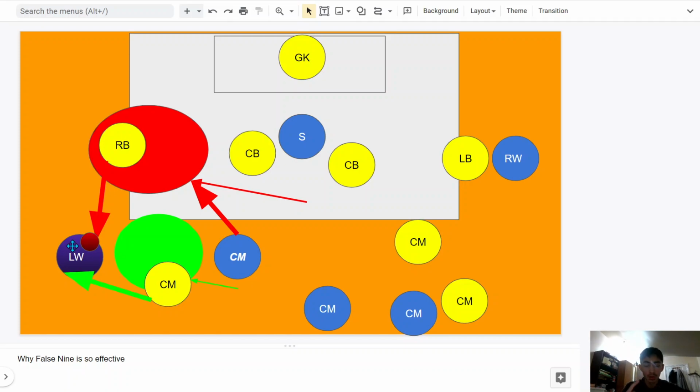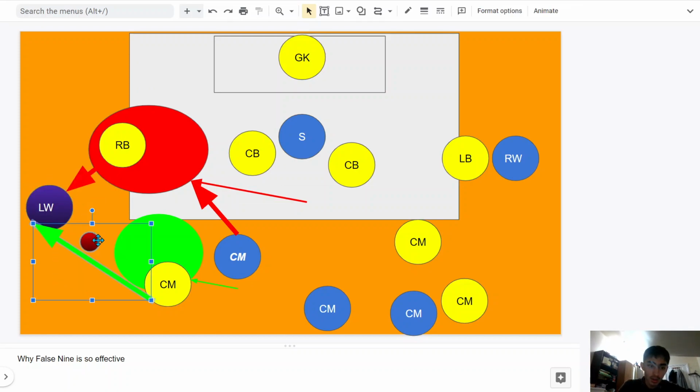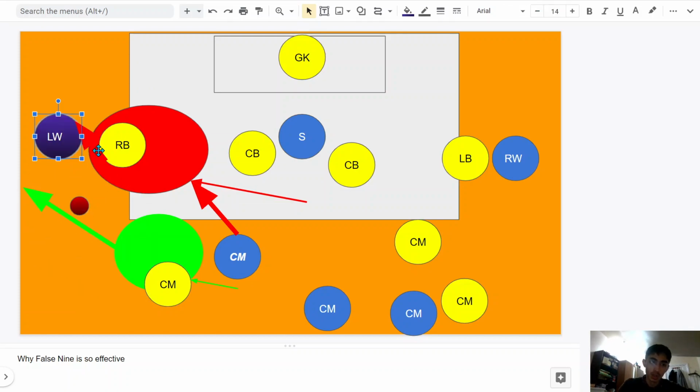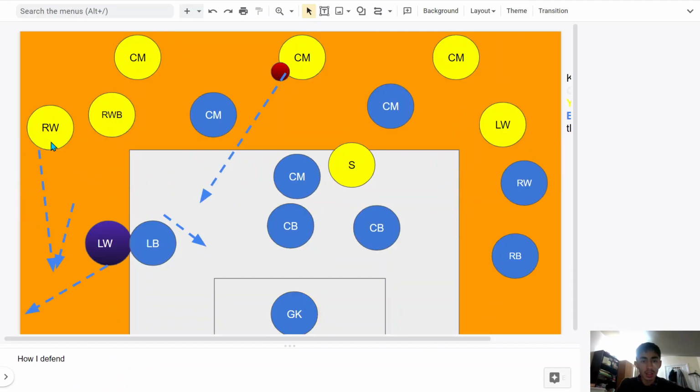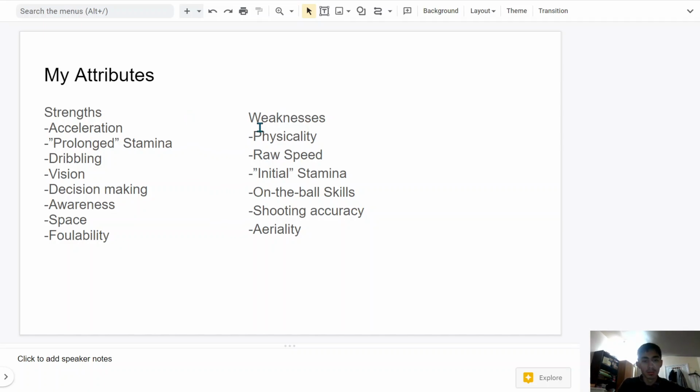Not only are they confused, not only do they not know what to do, they also have to constantly think, please don't foul him, don't kick him to the ground. It makes it much harder for them to play because they are scared that I'll just zip past them and they'll trip me up and I'll instantly fall to the ground. So because of this, that plays in well with my role.